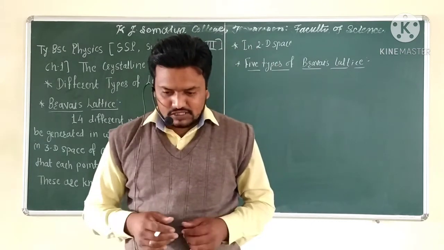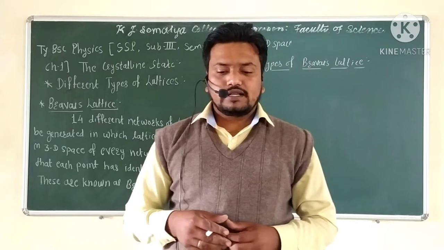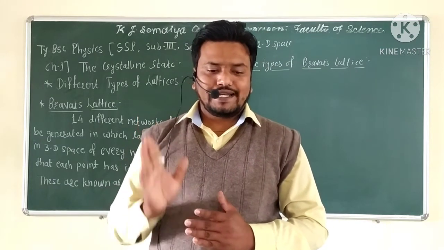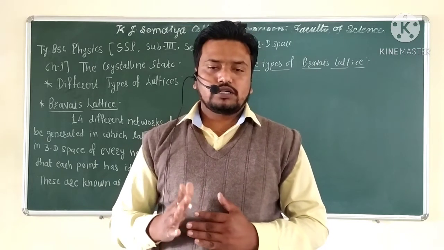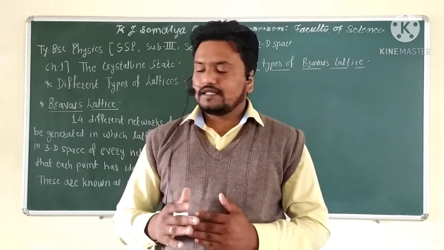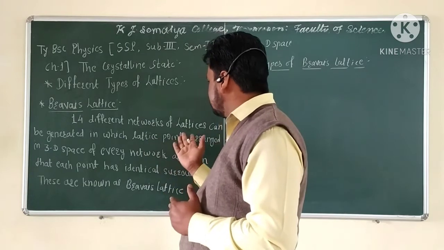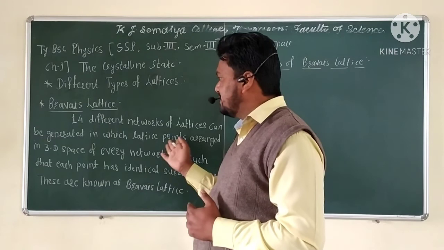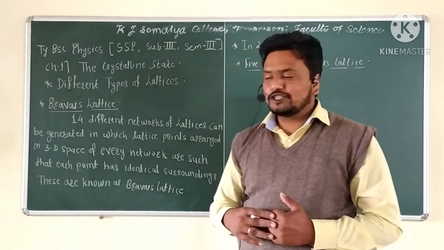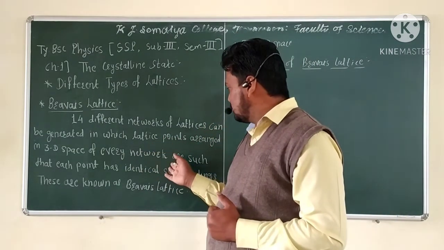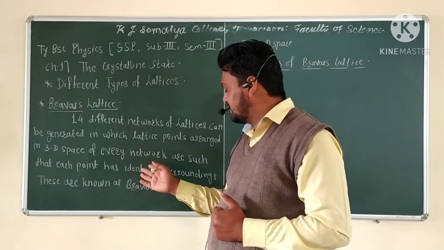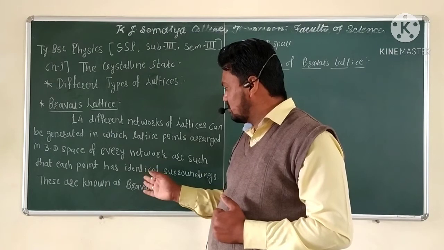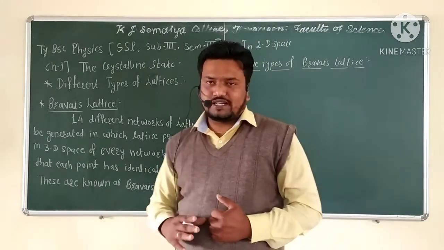The scientist Bravais showed that 14 different networks of lattices can be generated, in which the lattice points are arranged in 3D space such that each point has identical surroundings. These are known as Bravais lattices.